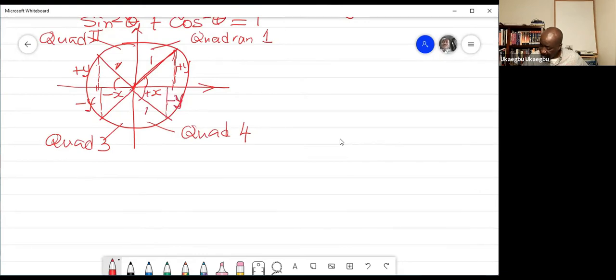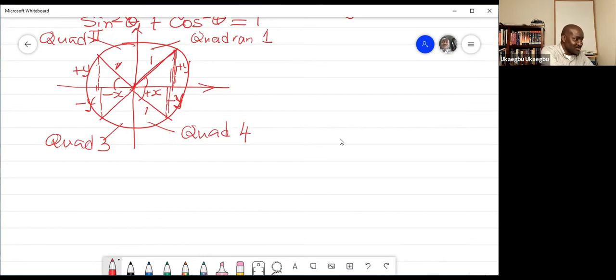All these things I just sketched help us to determine if sine in the first quadrant is positive, if cosine in the first quadrant is positive, and the sign of each of these trigonometric ratios in each of the quadrants.